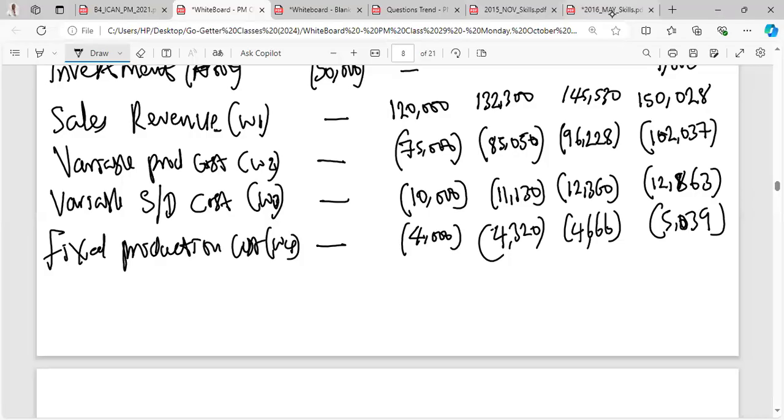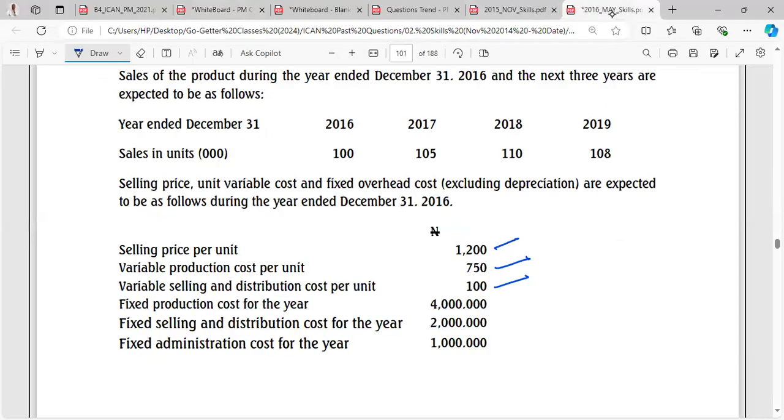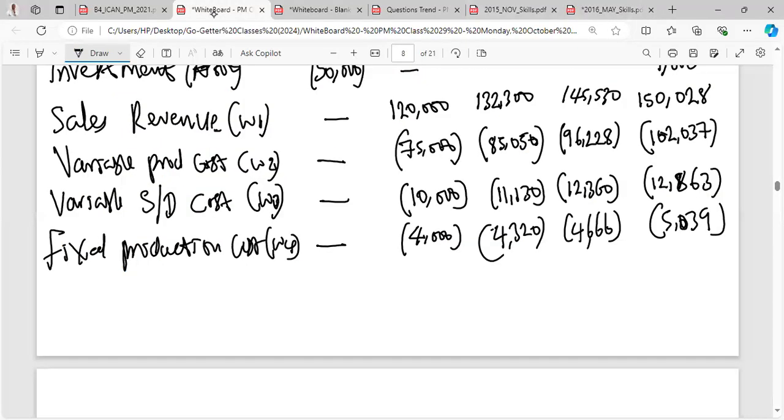What's the next one? So we've taken this fixed selling and distribution cost for the year. Fixed selling and distribution costs. Of course, this is dash. The other one is 2,000.